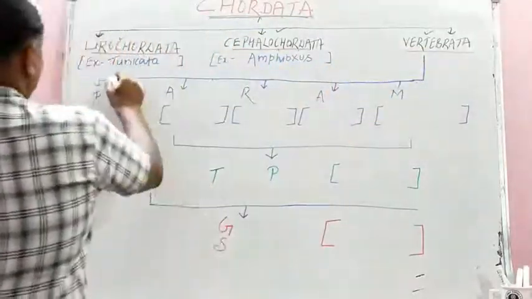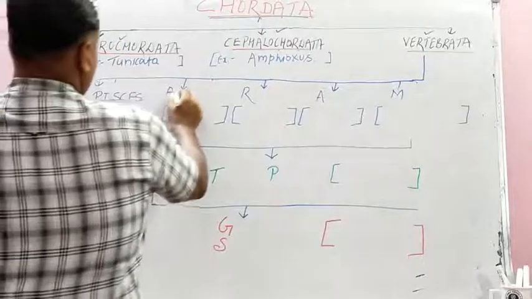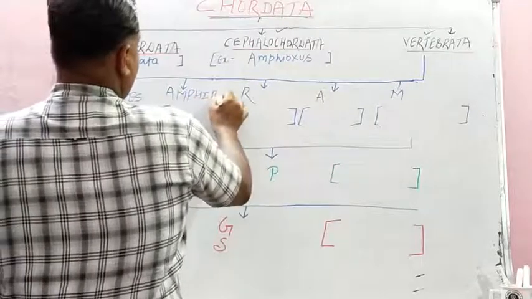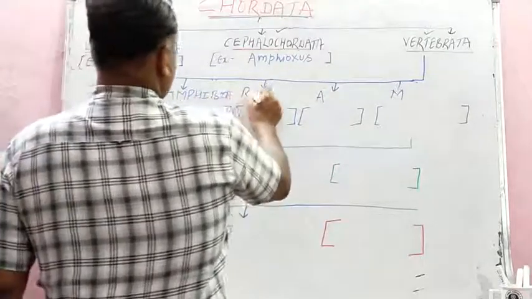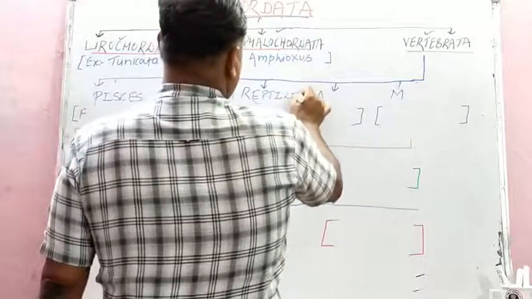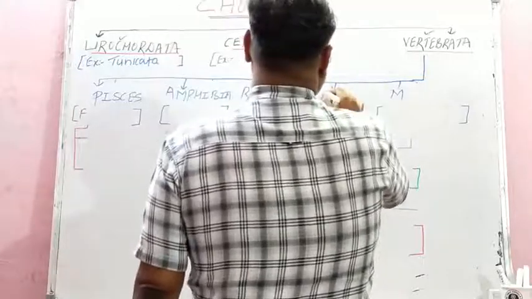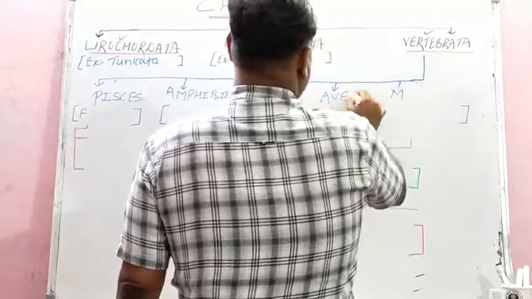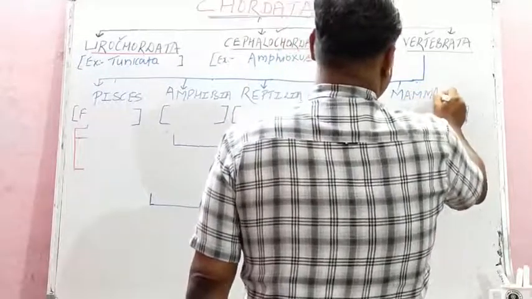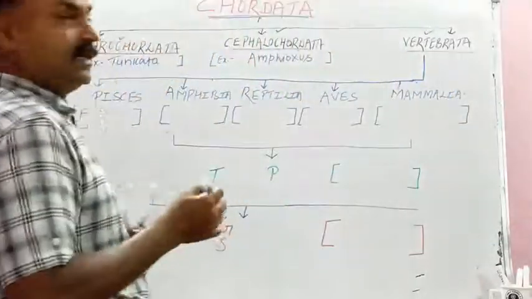First one is Pisces. Second one is Amphibia. Third, Reptilia. Fourth, Aves. And fifth one is Mammalia. So these are the 5 classes, children.